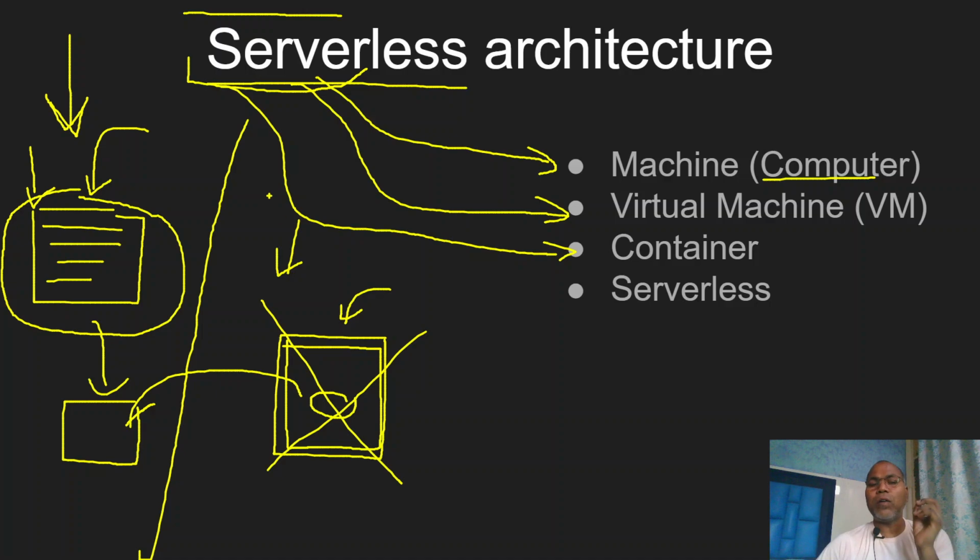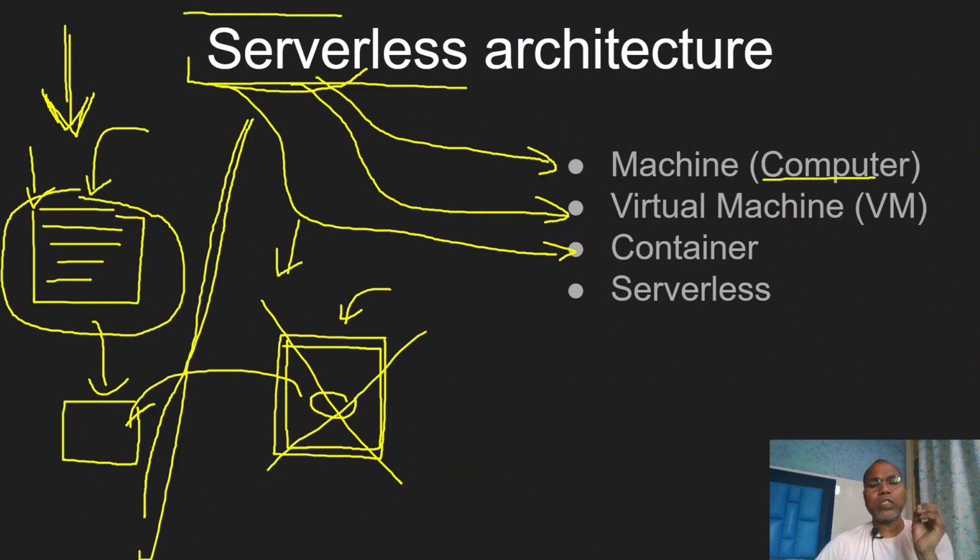Serverless architecture says, hey, the developer can just focus on writing the business logic, and the rest, the infrastructure issues, servers, hardware, database, everything, the cloud providers give to us.